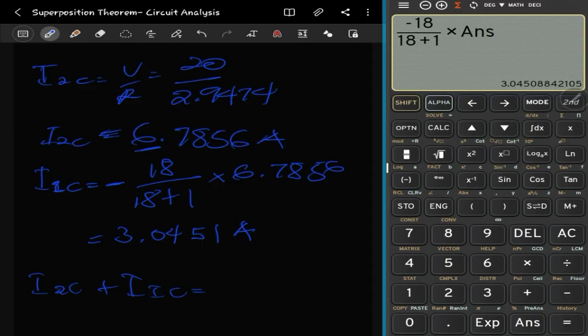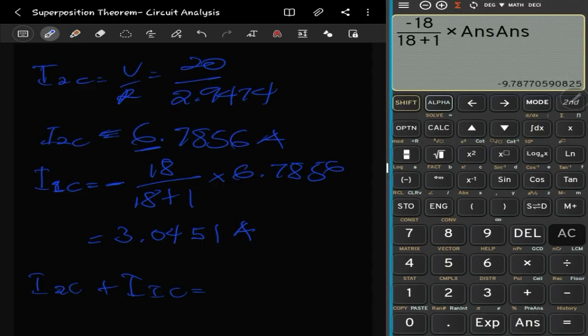So this would be minus, very important. Minus, let me write this. So that's minus 18 on 18 plus 1, right? Times 6.7856, right?